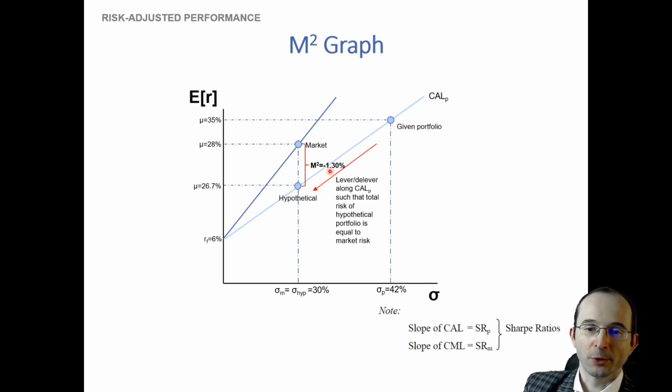And in a way, the information at the outset that the Sharpe ratio of the market is higher than that of the candidate portfolio was given in these capital allocation and capital market lines from the beginning in this graphic.